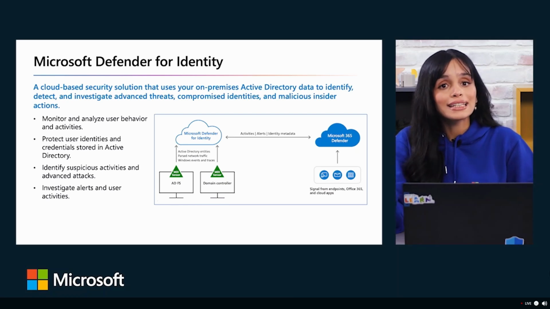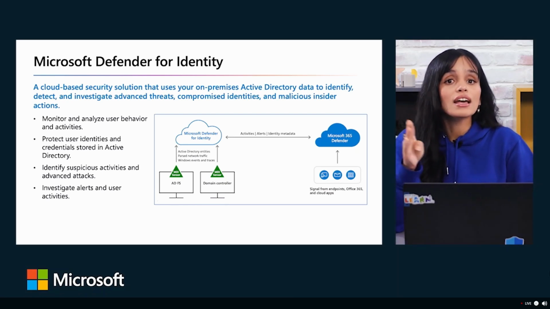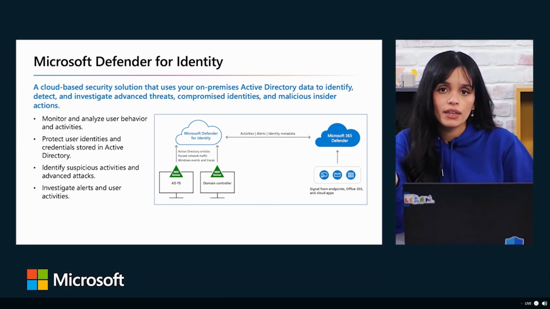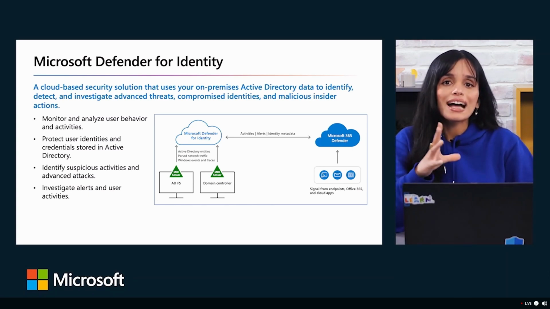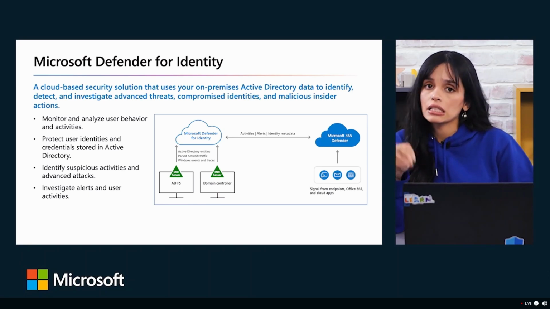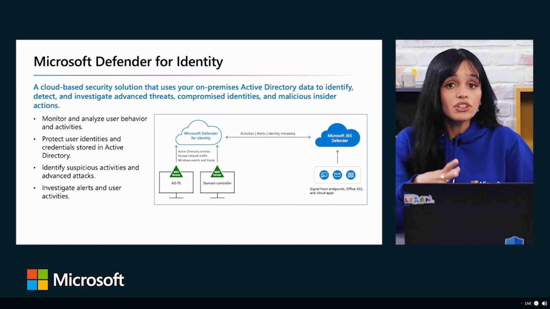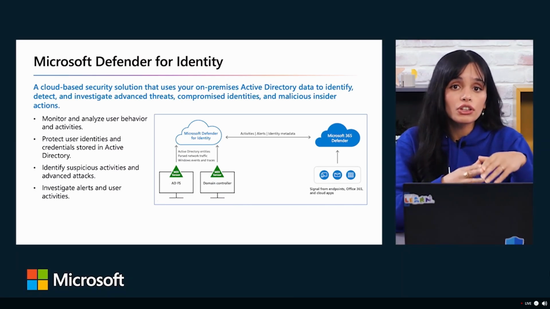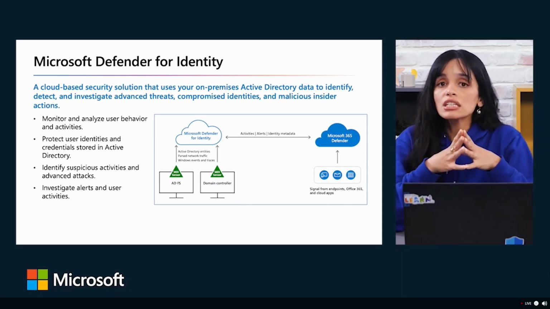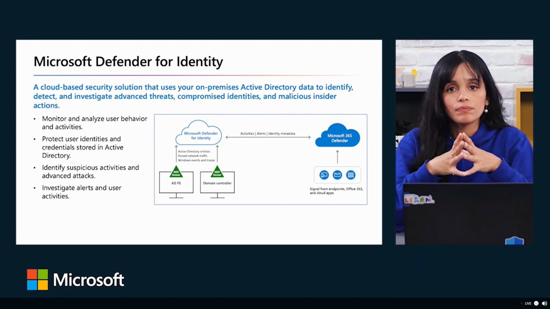Microsoft Defender for Identity monitors and profiles user behaviors and activities. Then it identifies anomalies with adapted built-in intelligence. Defender for Identity gives insights on identity configuration and suggested security best practices.